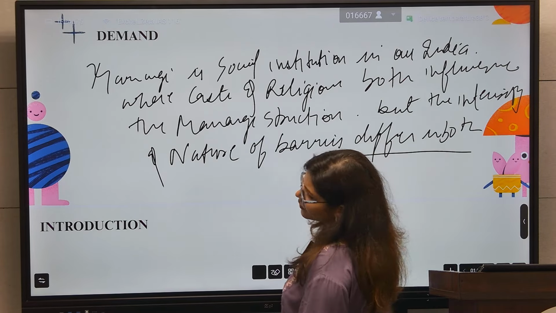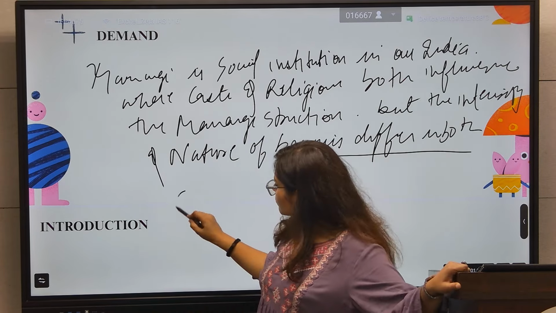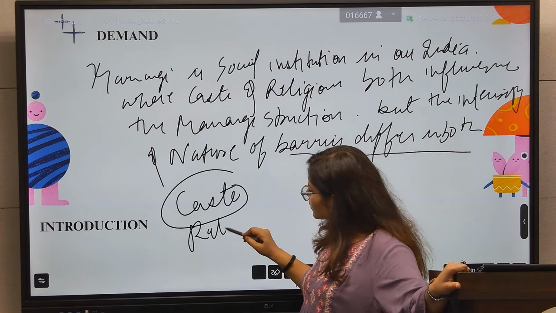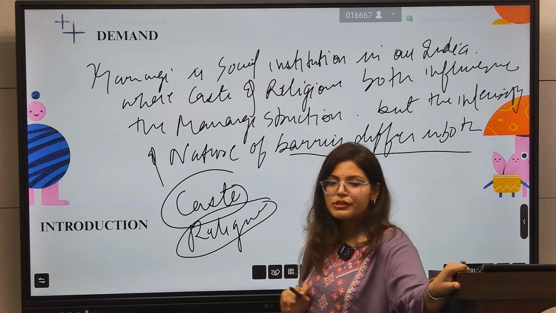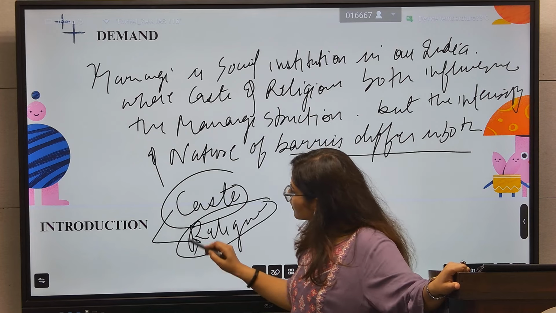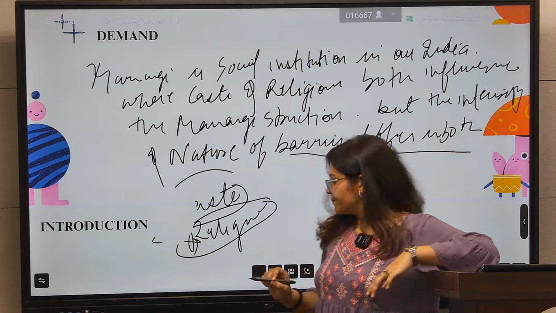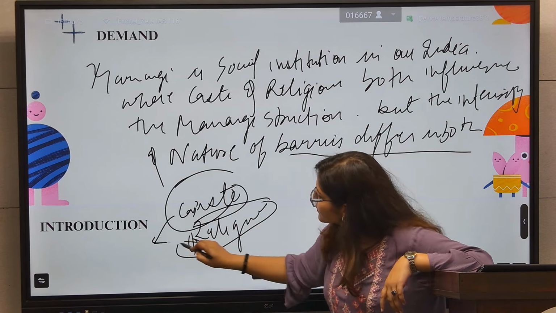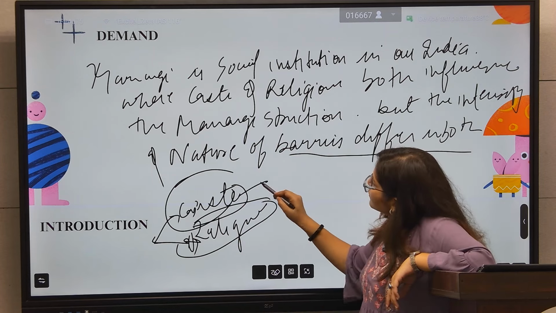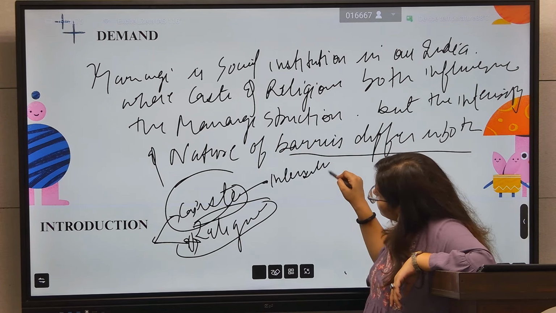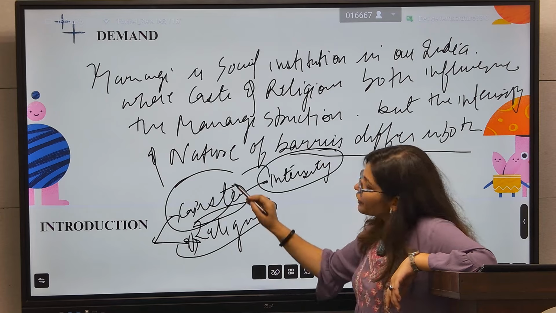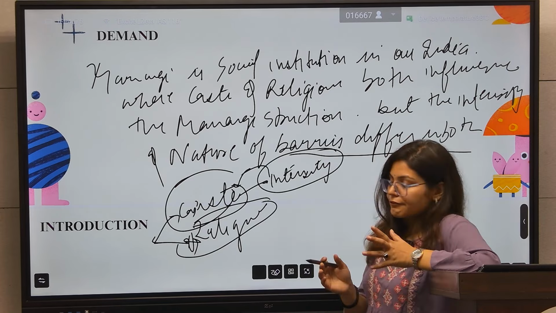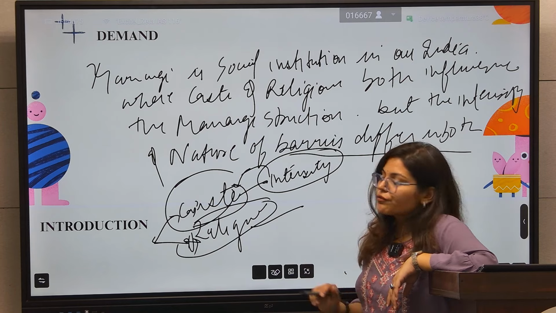So if you see marriage in India, caste also influences marriage, religion also influences marriage, but the nature of the barrier differs. The intensities also differ. The intensity of influence of caste on marriages differs from the intensity of influence of religion on marriages.